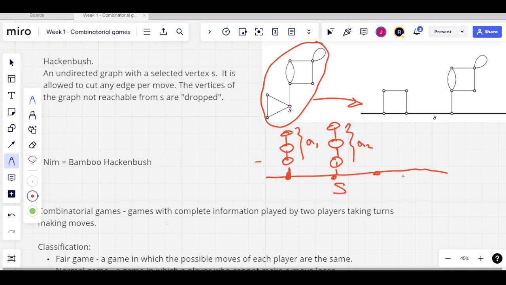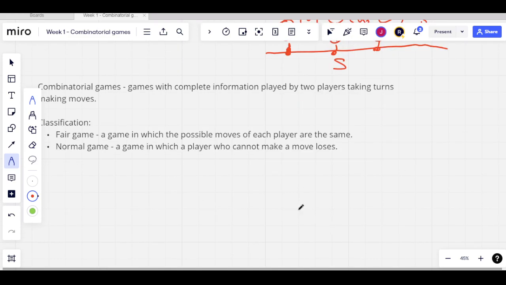Okay. Do you have questions? Cut means we take some stones of some pile. Okay.